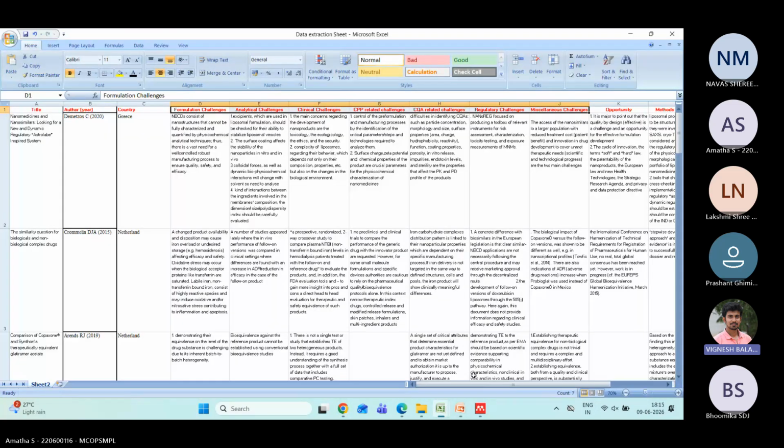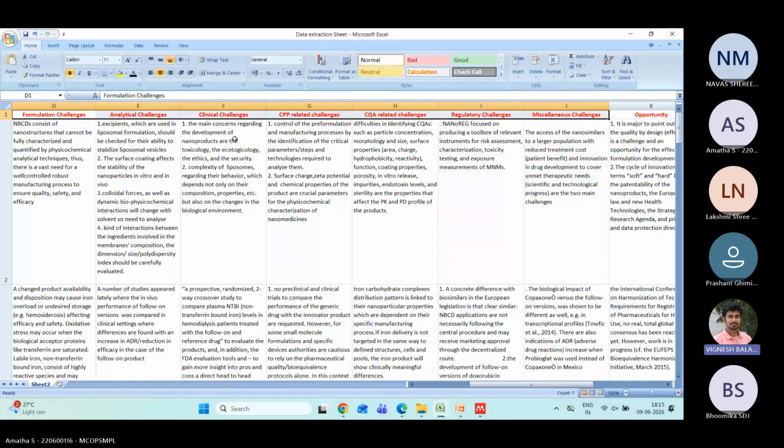Here we were looking at what the challenges are when we are developing a product in an industry from the API till it reaches the market. That is my objective in this current study. From this study, we found some challenges: formulation stage challenges, analytical stage challenges, clinical stage challenges, then CPP related challenges, CQA related challenges, regulatory challenges, miscellaneous challenges.